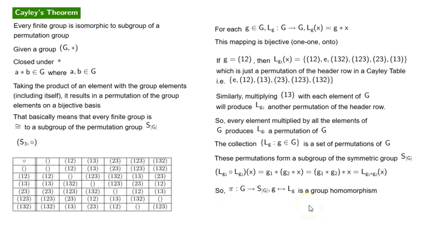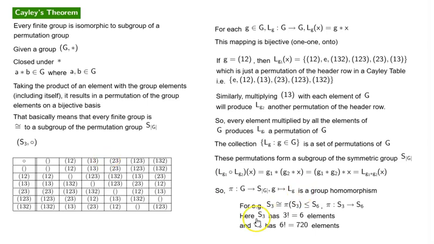Now, where does isomorphism fit in the picture? Remember, this maps to a subgroup of S sub order of G. That means it maps to a subgroup of S6. So that means we have an isomorphism between S3 and a subgroup of S6.